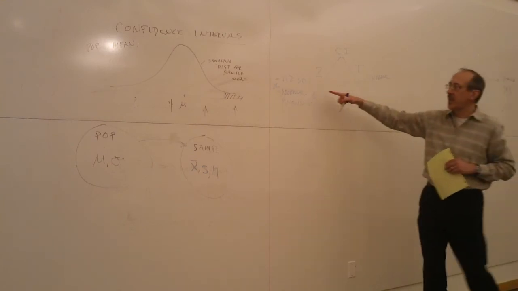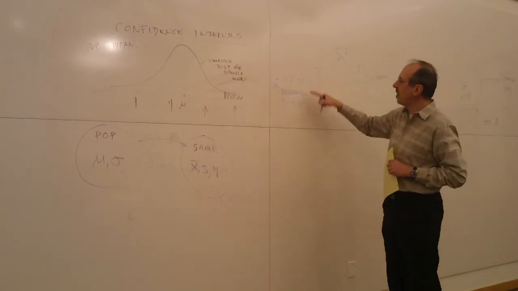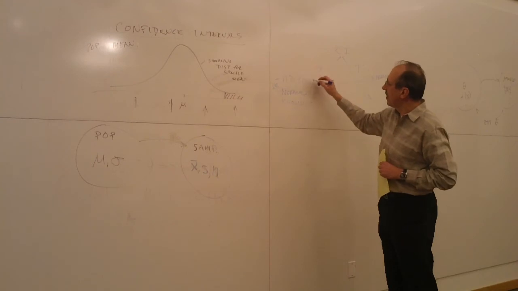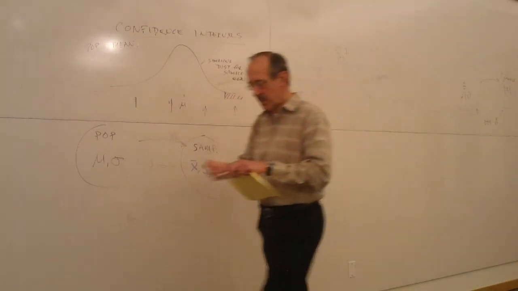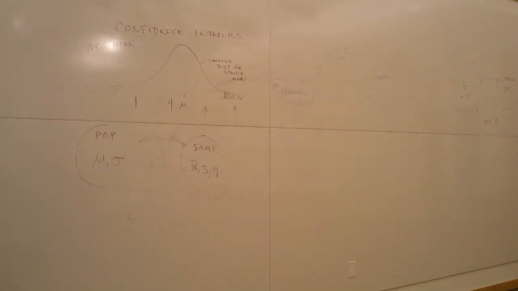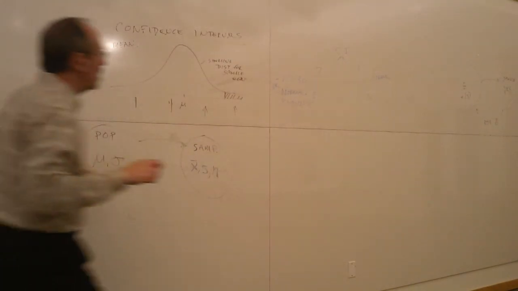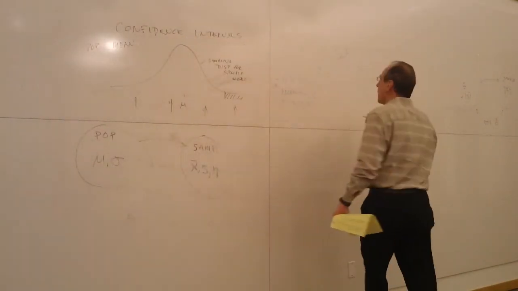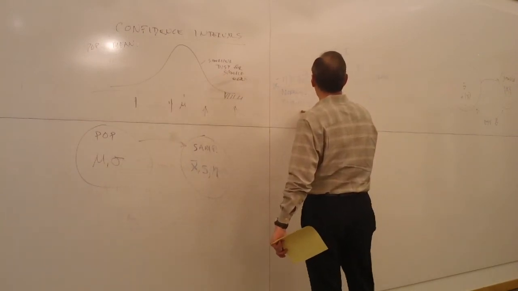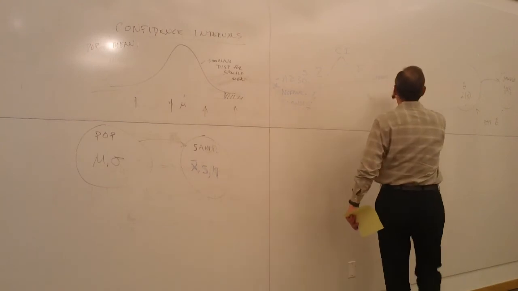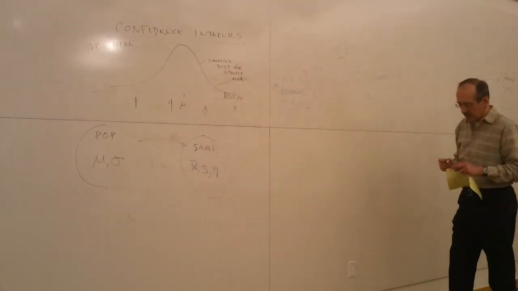In this case, I use sigma, and here I use s again. Let me just indicate that. So for here, I use s. For here, I use sigma. And here, I use s again.